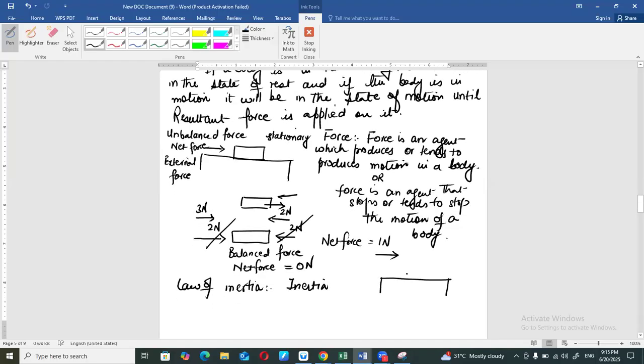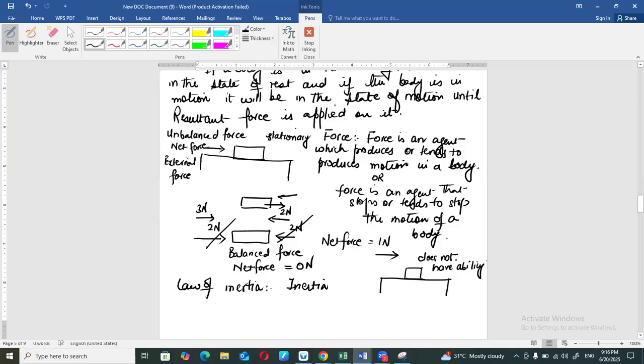Newton's first law was saying that if an object is in the state of rest, it will stay in the state of rest, and if the object is in motion, it will stay in the state of motion until force is applied. My question to you is, if force is not applied, can I say that this particular object does not have the ability to change its state, right?